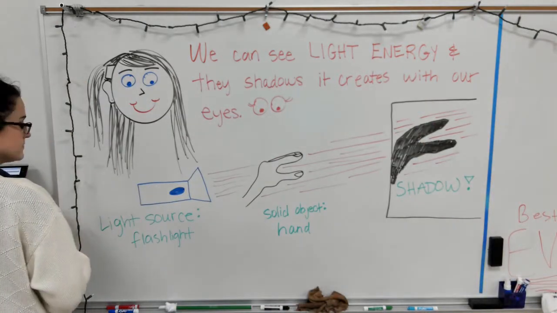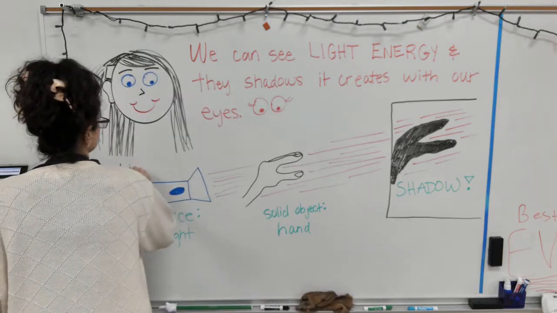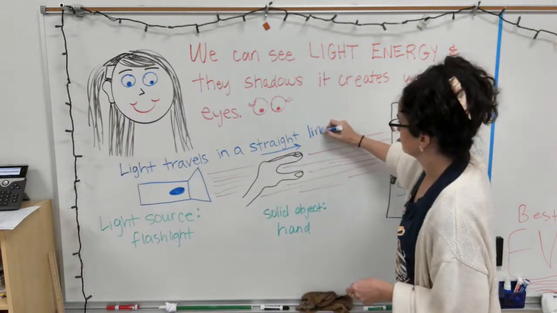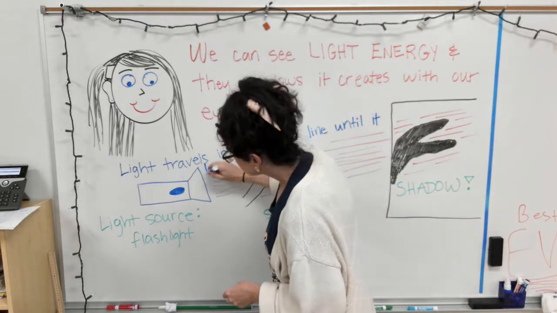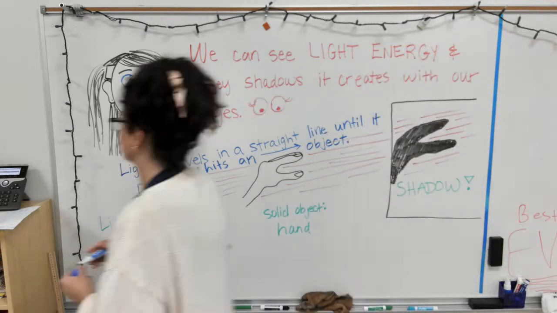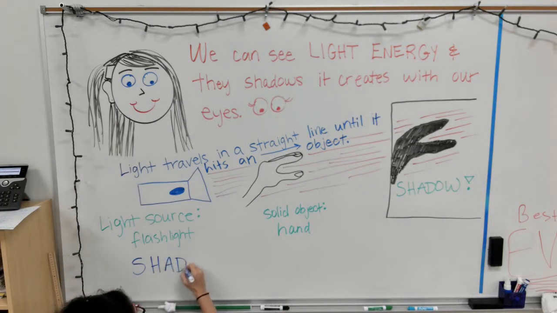But we are able to see shadows because of light. And our biggest light source is the sun. Even though it's so far away, we are able to see objects all around us because of light energy.